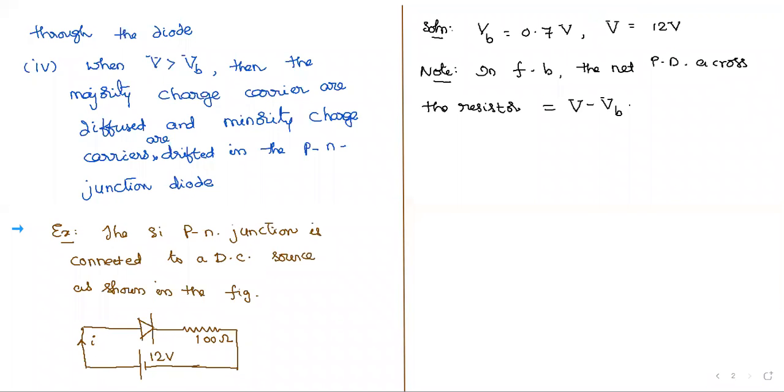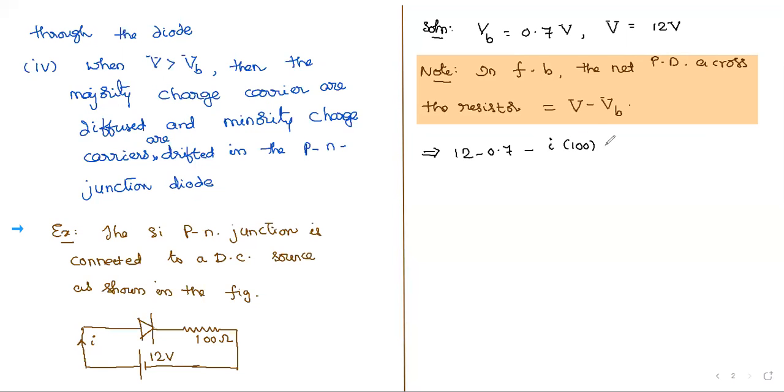This one, loop law you are saying. Okay. So this node point I am highlighting. And then coming back to that, it implies that 12 minus 0.7 minus I into R, 100, is equal to 0.